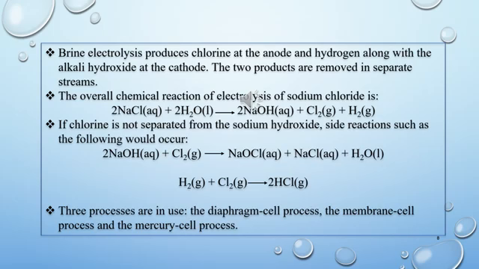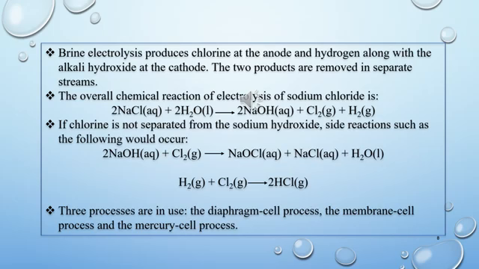Here, these chemicals are necessary to separate. If you do not remove chlorine, this will lead to a side product. What will be the side product? If chlorine is not separated from sodium hydroxide, side reactions such as the following would occur.